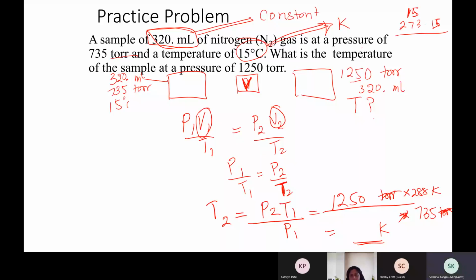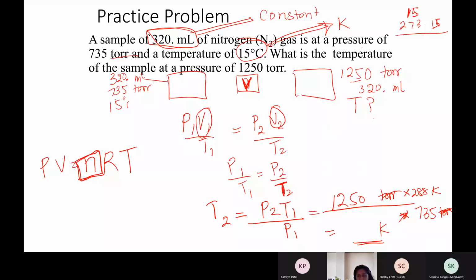You know the volume, but we don't know the amount. It's a good question. She's asking whether we can use the ideal gas law equation, but the thing is, we don't know the n. That's the reason.